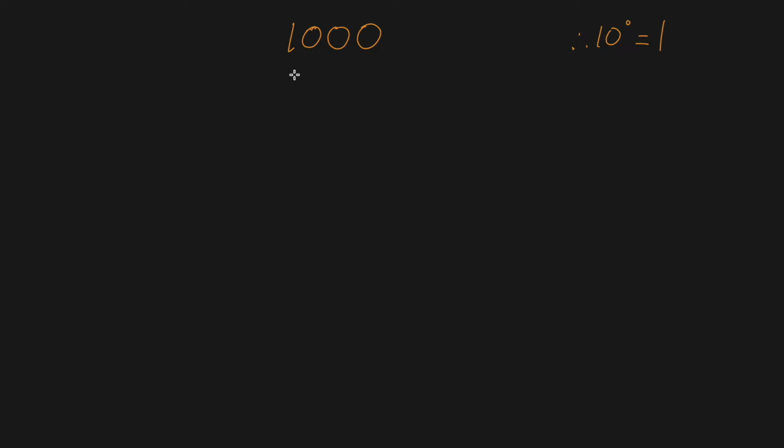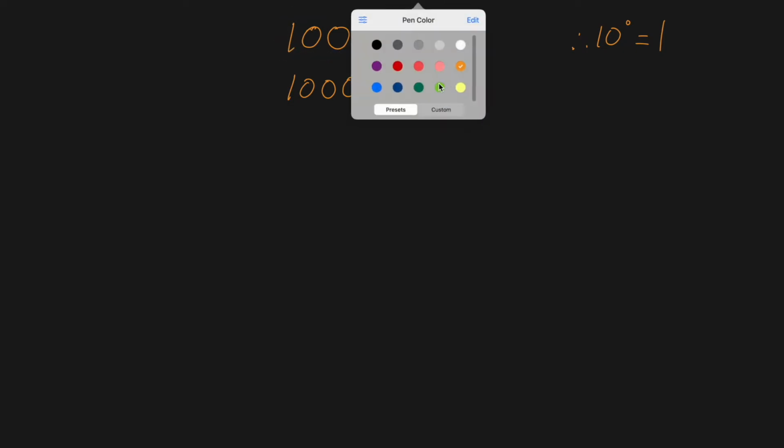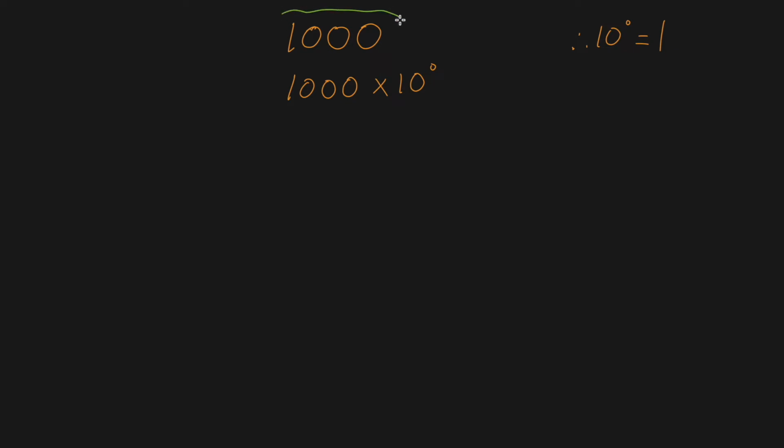So we can introduce it here, 1000 multiplied by 10 to the power 0, as it doesn't change the actual value. So this is the actual value, and introducing 10 to the power 0 won't change it.